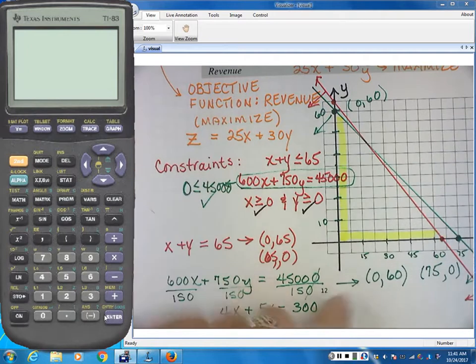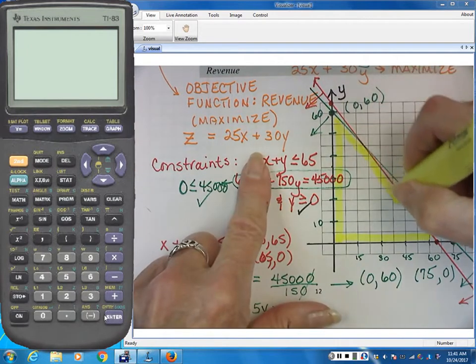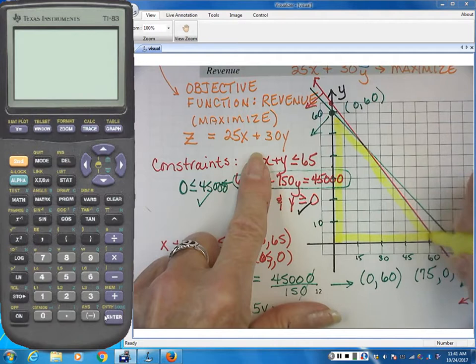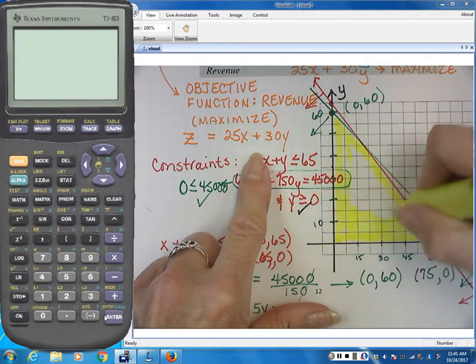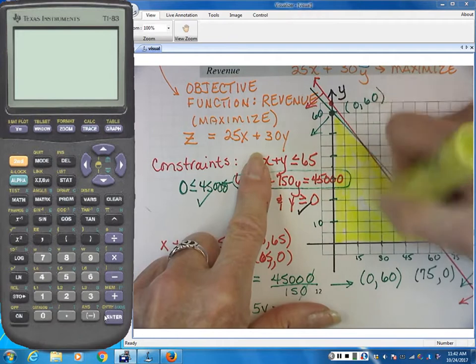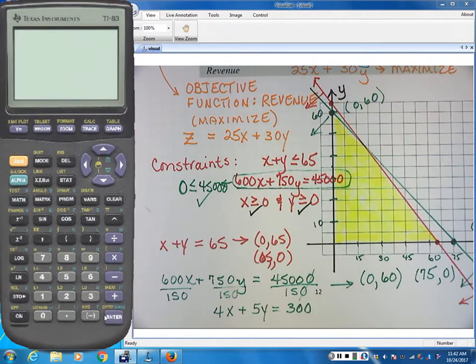I have to stay below the red and below the green. So there again, there's your yellow feasible region.